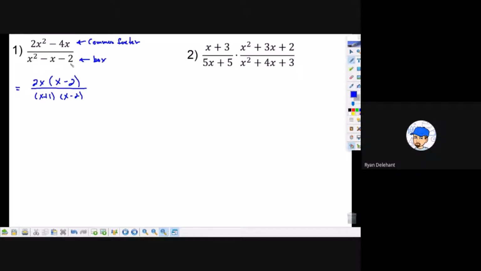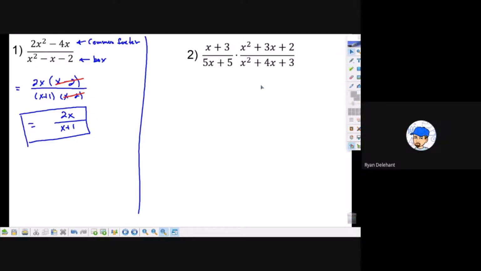It might be helpful to rewatch that simplification video. Help you out doing that a little bit quicker. But anyway, so here we see with the simplification, this x minus 2 will cancel out. And that leaves us 2x over x plus 1. Nothing else cancels. That's the lowest term for that fraction.